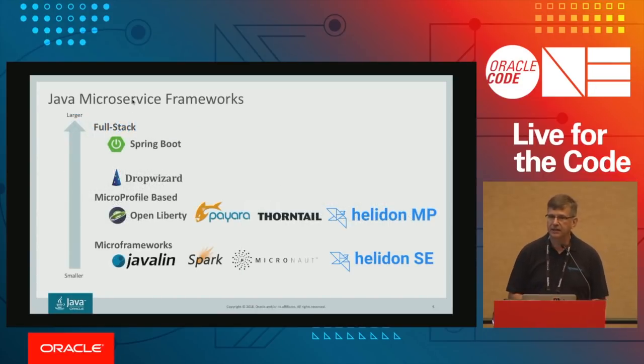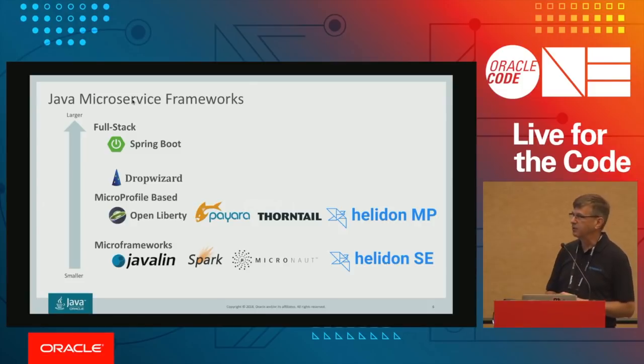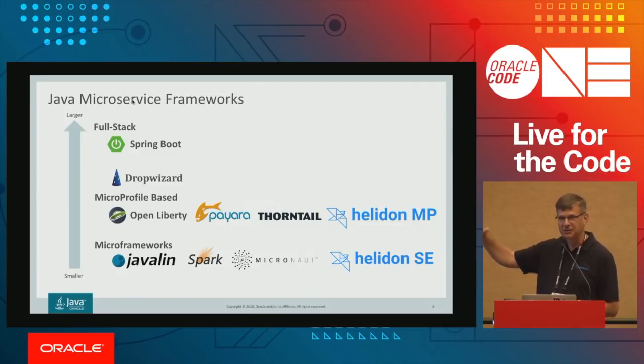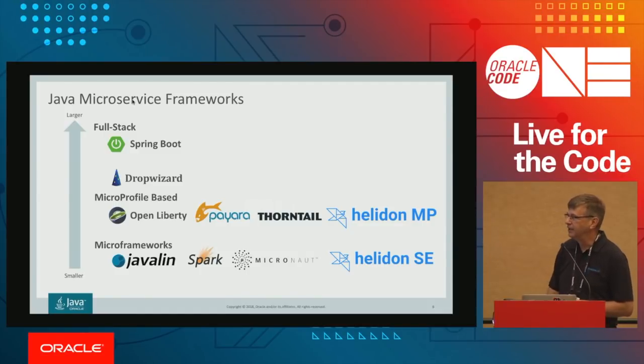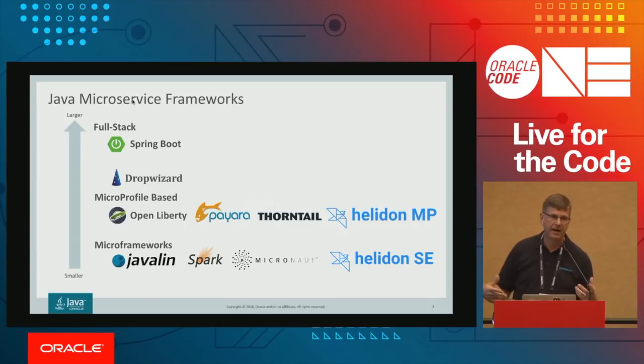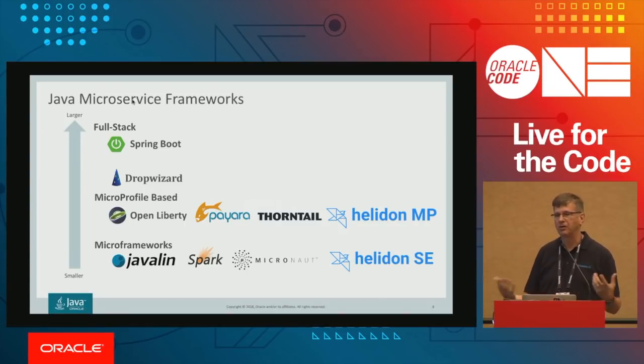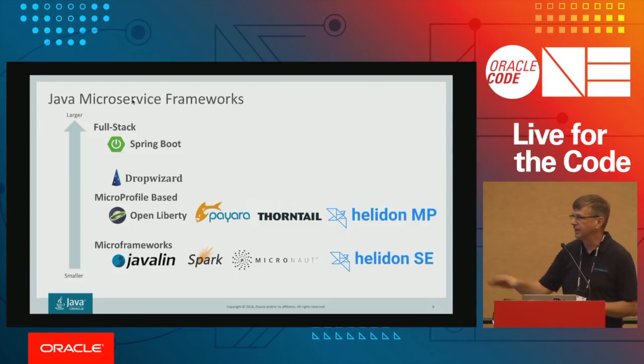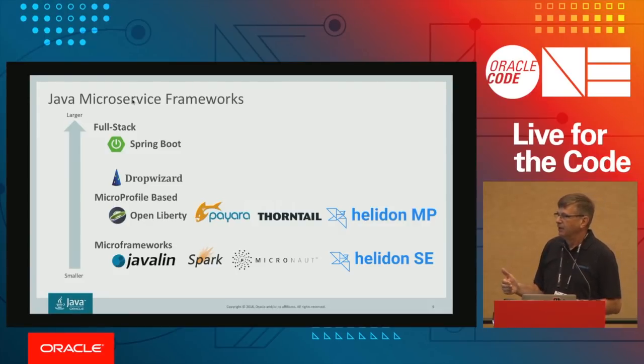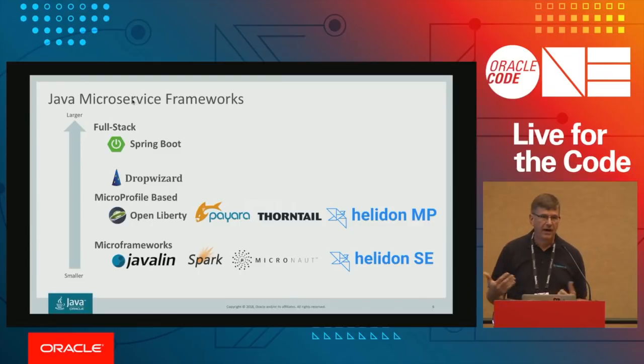So if you look at the Java microservices frameworks out there, and this is by no means exhaustive or scientific, this is just meant to be illustrative. You'll see at the bottom we have kind of small micro frameworks. And these tend to have a smaller feature surface area. They're very approachable, fun to program in, easy to learn, very shallow learning curve. And you'll see a couple listed there. Kind of moving up, then we have MicroProfile based.